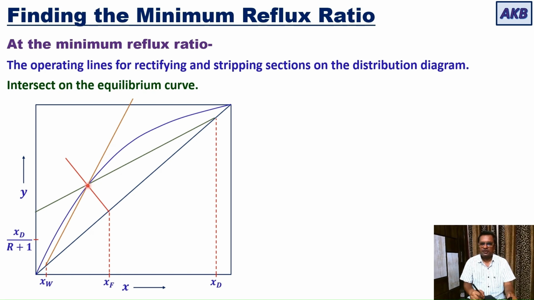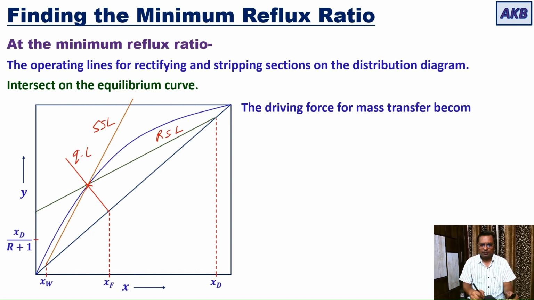This concept I have discussed in my discussion on the McCabe method, so you can refer to that. So this is the rectifying section line, this is the stripping section line, and this is the feed line, or we call it the Q line. And now they are intersecting on the equilibrium curve.